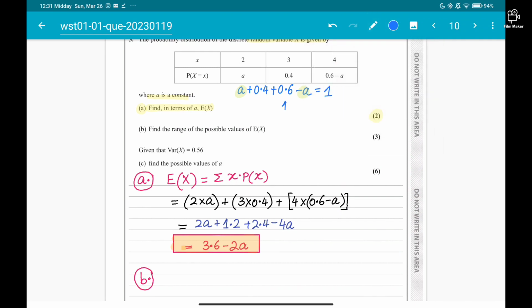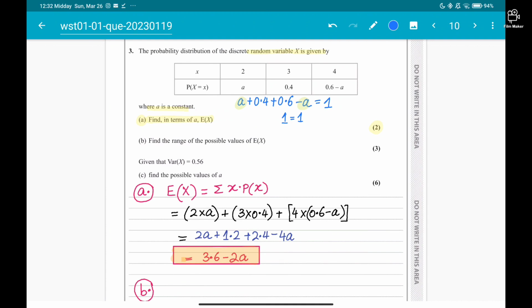So the first thing is clear from here: this is a complete question and all the values are given. There is no previous or afterwards value, meaning there is no x equals 1 value or x equals 5 value. All the values are complete and the total probability adds up to 1. So we already understand that.